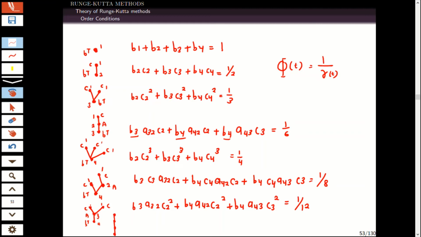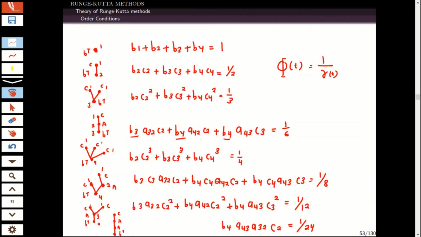And then our tall tree, so we have b transpose A A c. So we will have b4 a43 a32 c2 equals 1 over 24.